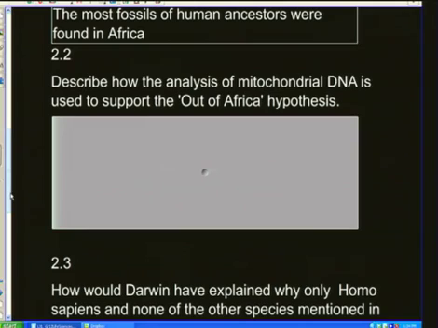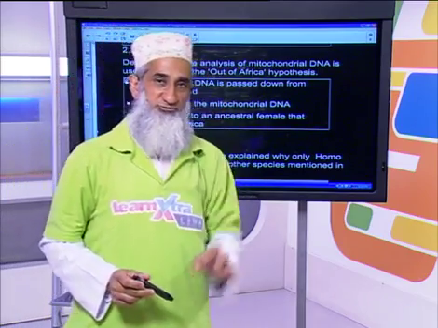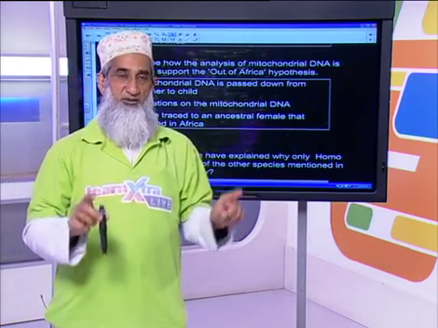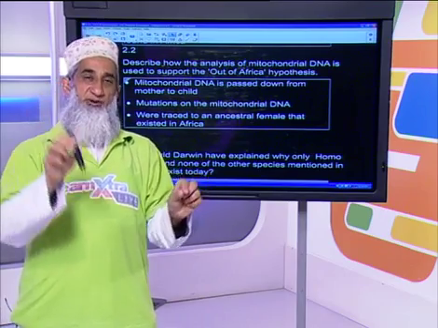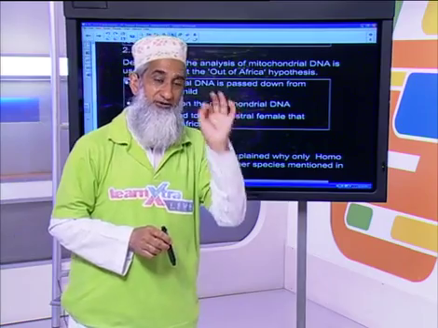Describe how the analysis of mitochondrial DNA is used to support the out of Africa hypothesis. I will explain that one there. I don't want to put you under pressure. Maybe you won't come again with me next time. First of all, we must understand that mitochondrial DNA is passed on from mother to child. Because when fertilization takes place, when we did reproduction, you remember, the sperm nucleus fuses with the egg cell nucleus.